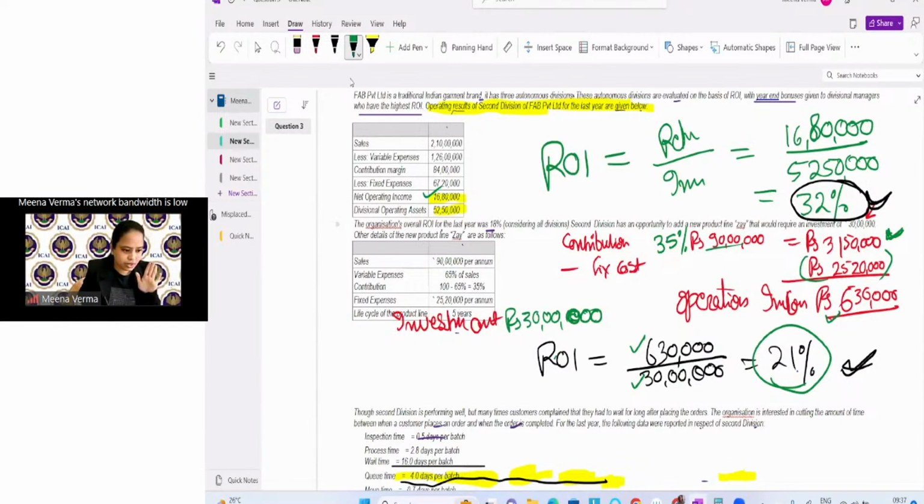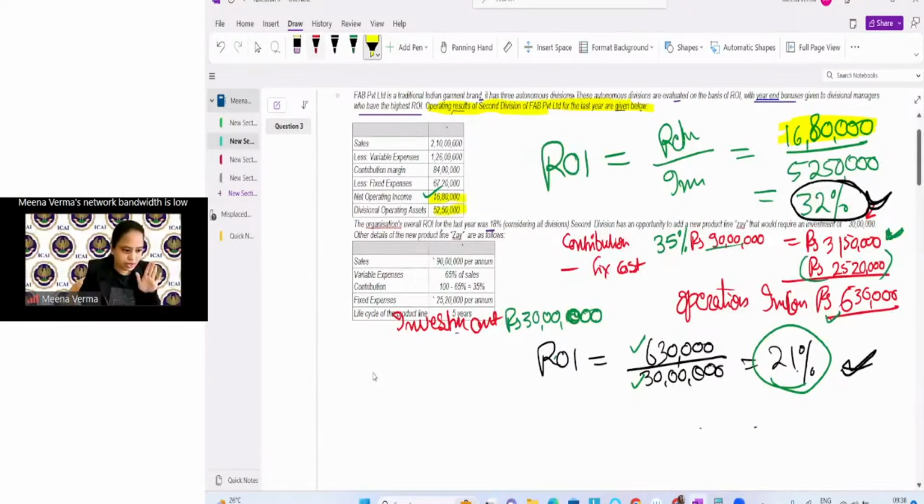If new product not introduced. Okay. Profit of the company, net profit, was rupees 1680. This was the net profit of the company.